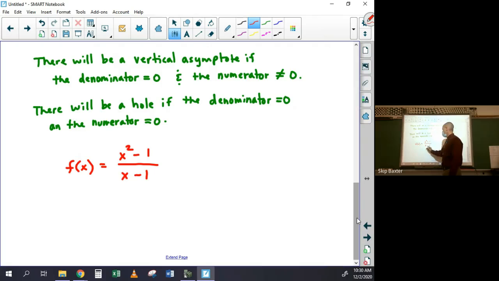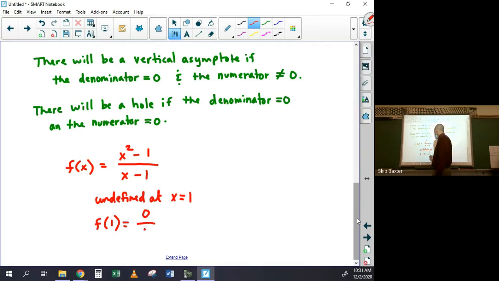If I look at where this denominator is 0, it's 0 at 1, so this is undefined at x equals 1. But if I find f of 1, it's 0 over 0. It gives me 0 on the numerator and the denominator. So this fact means that there's a hole at x equals 1.